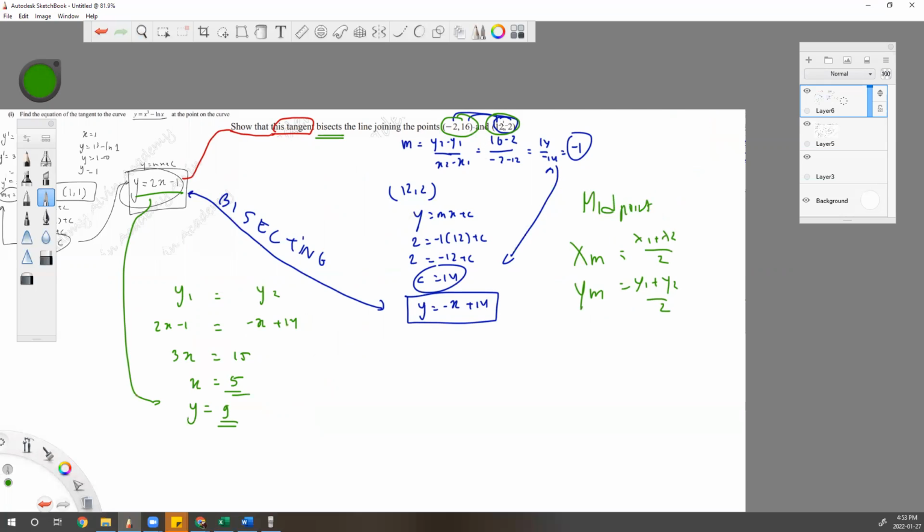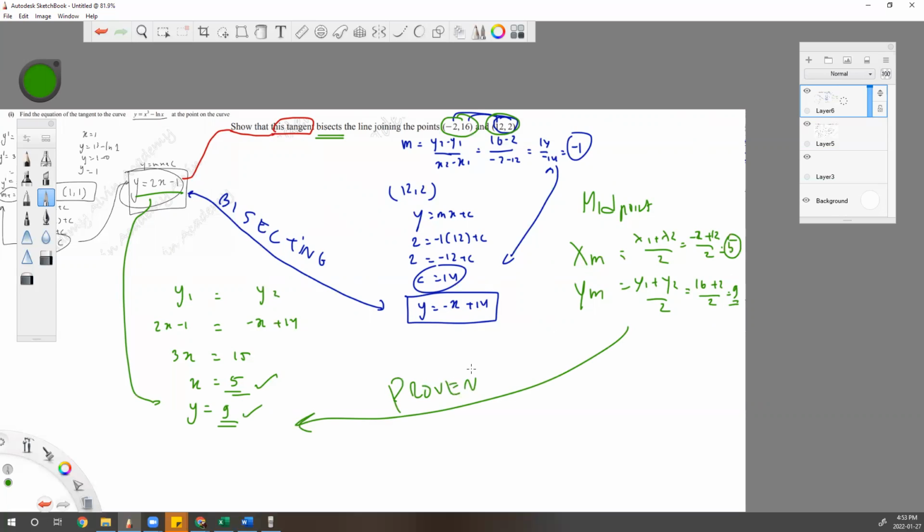So negative 2 plus 12 over 2 is 5. See, it's proven. And 16 plus 2 over 2 is 9. So it is proven also.